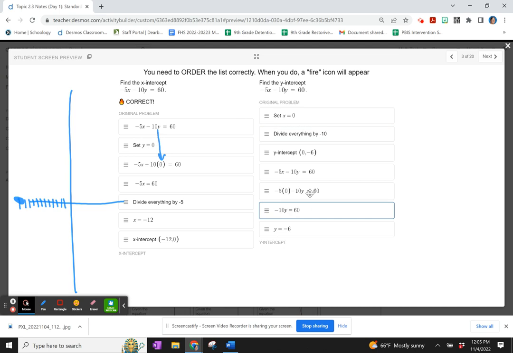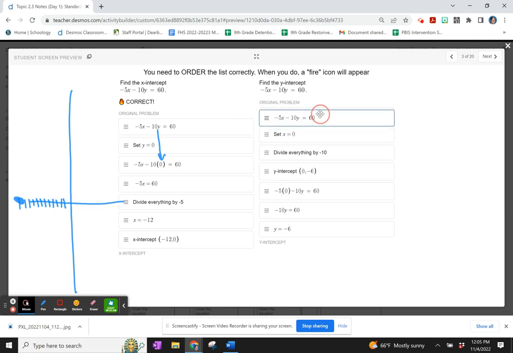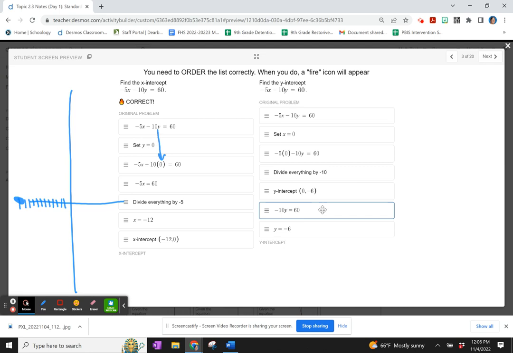Now for the y-intercept, same idea. We want to start with the original equation. And this time we're going to let x equal 0. So wherever we see an x, we're going to replace it with 0. Now negative 5 times 0 goes away because it's just 0. So we're left with negative 10y equals 60. So we divide everything by negative 10.